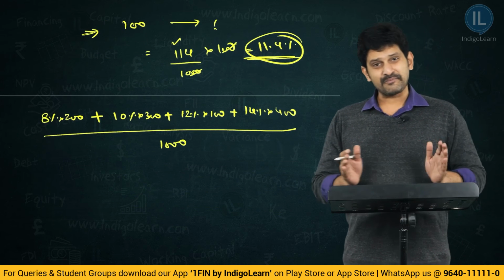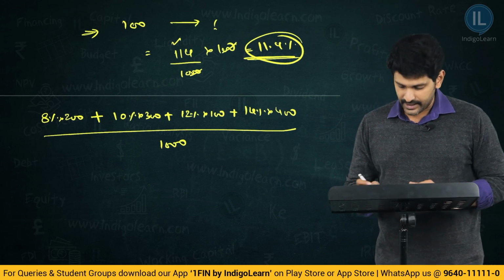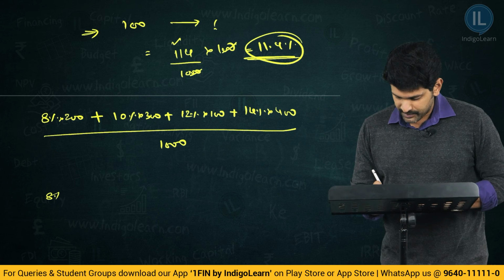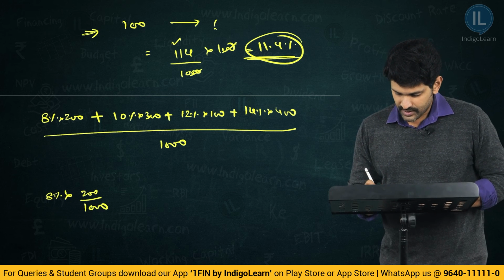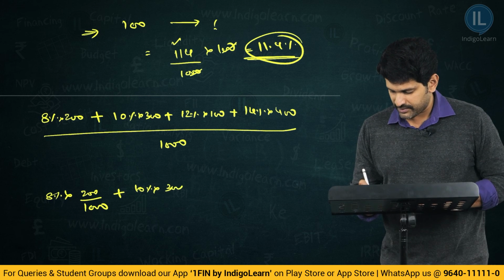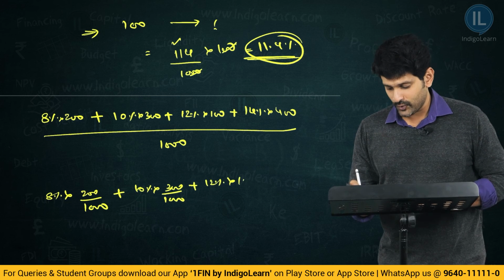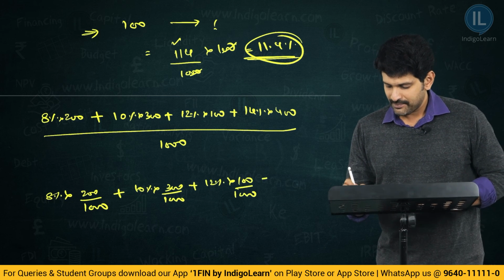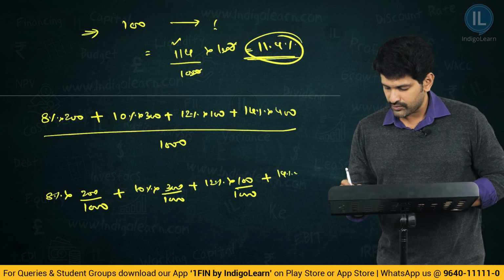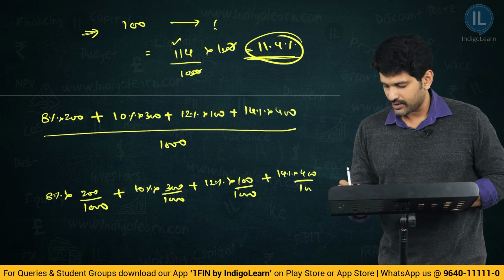So, can we split each term separately? Yes, we can call it 8% into 200 by 1000 plus 10% into 300 by 1000 plus 12% into 100 by 1000 plus 14% into 400 by 1000.